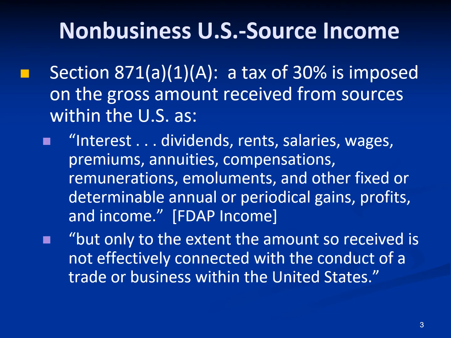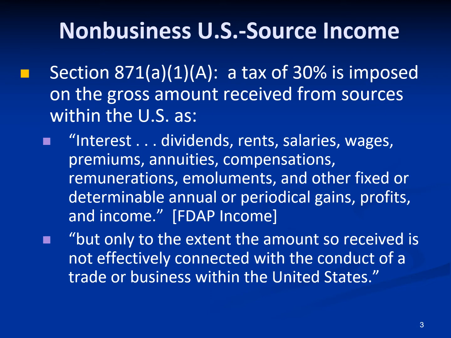Let's use as our guidance Section 871A of the Code. Section 871A, and specifically A1A, imposes a 30% tax on the gross amount of certain types of U.S. source income received by foreign persons.